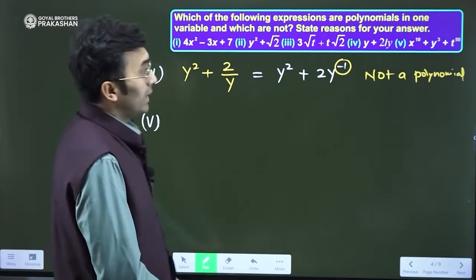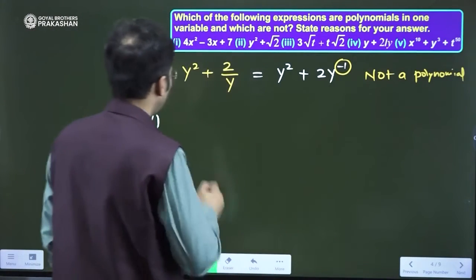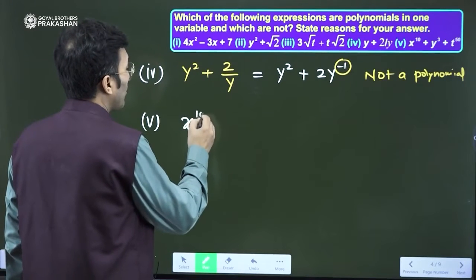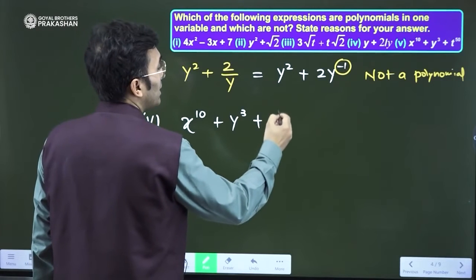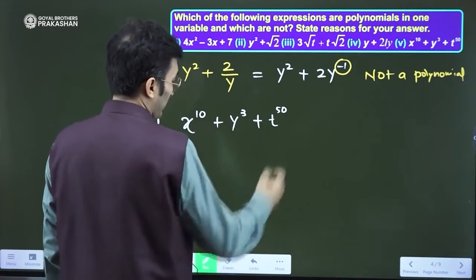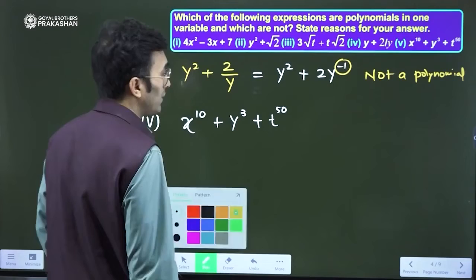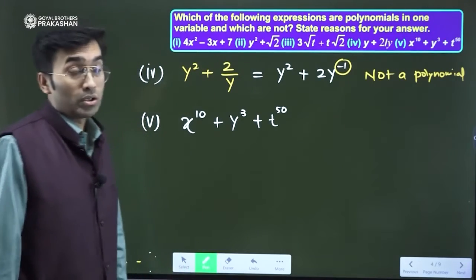Now if we see the next question, that is the fifth part. Here it is x raised to the power 10 plus y raised to the power 3 plus t raised to the power 50. Now we have to decide if it's a polynomial or not.